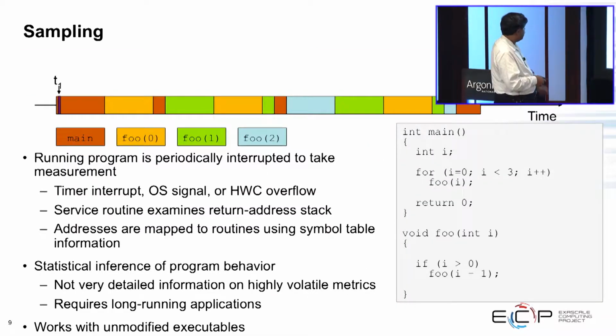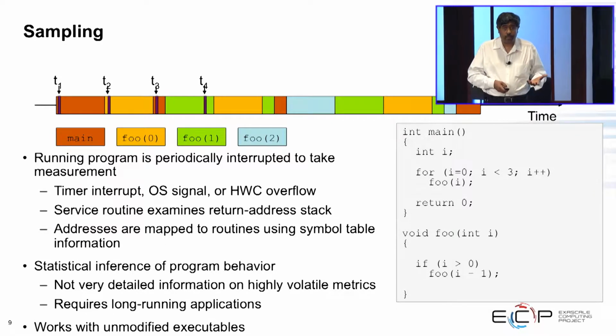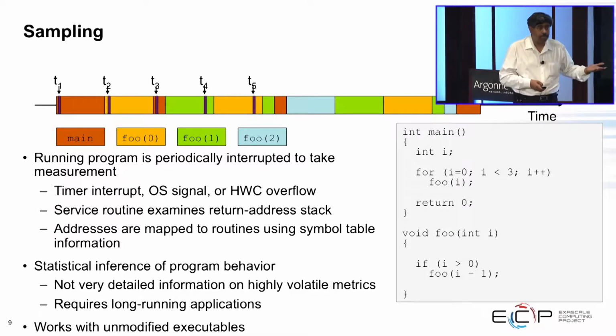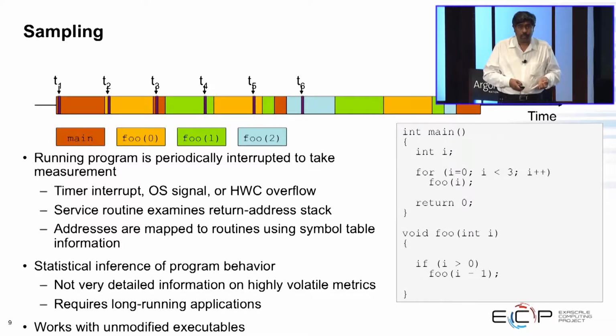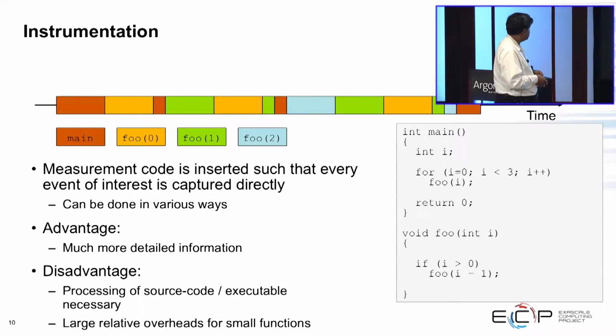So here is an example of sampling where an interrupt is generated either by a wall clock timer, where you could say every 50 milliseconds generate a time interrupt, and then you can estimate based on how many interrupts you got and the total execution time where the time was spent.